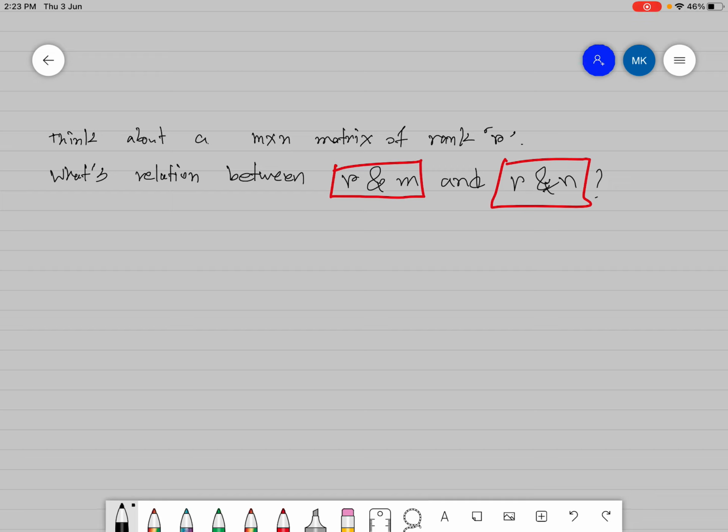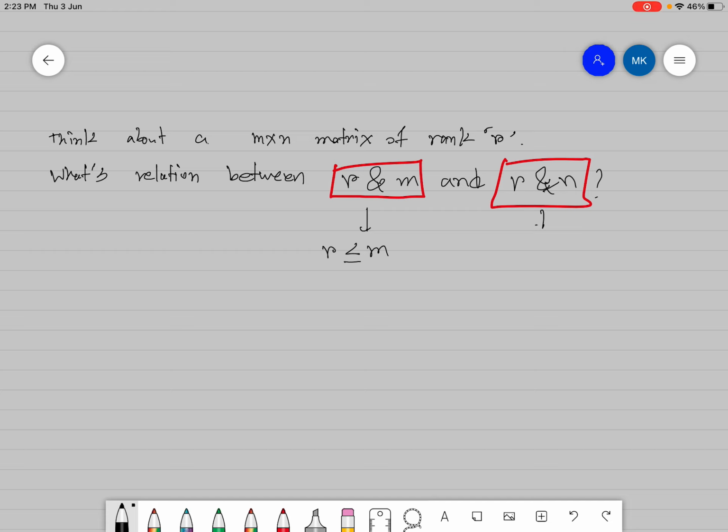Or let's say you have a 2 by 4 matrix. In that case, you can have at most 2 pivots, not more than that, right? So it cannot really cross the limit of rows here. So r might be equal to m, or it can be less than m.